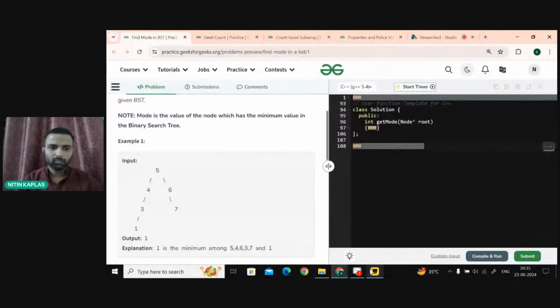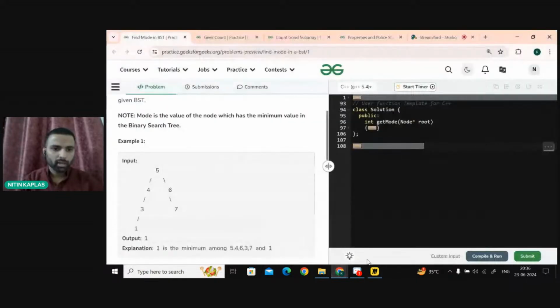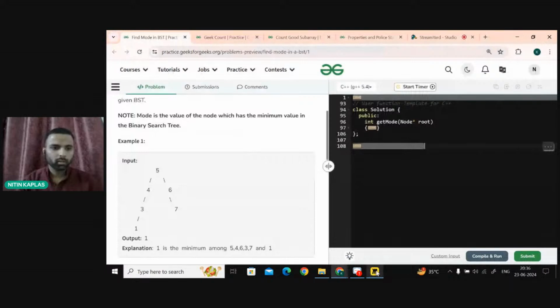The first example is 5, 4. This is 5, and this is 4. After that, we have 6, 7, 5, 4, 6. Here we have 7, and here we have 3 and 1.